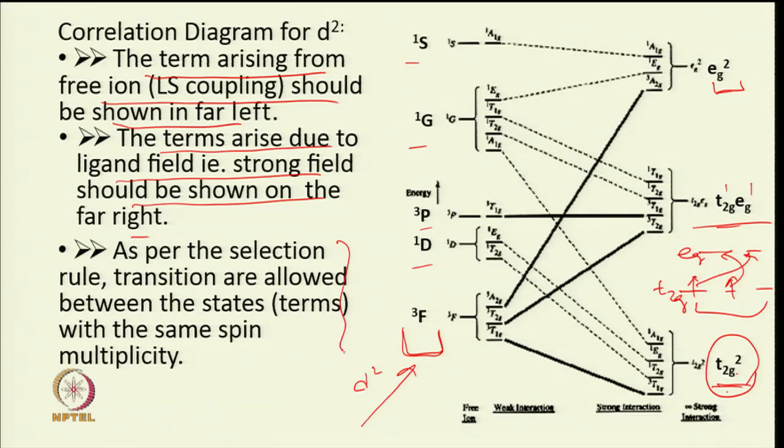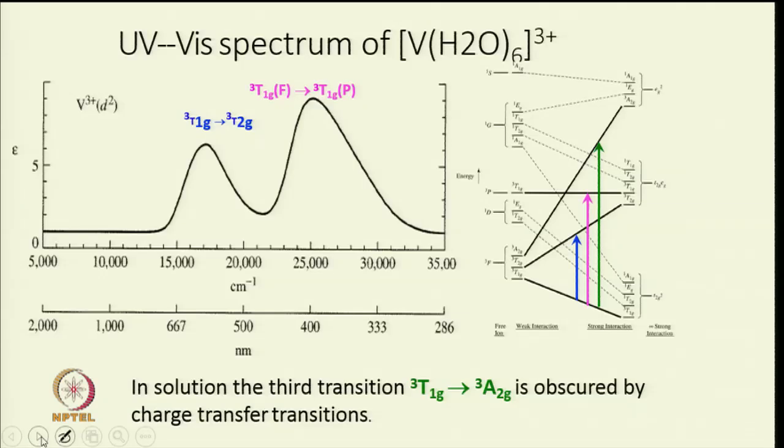The selection rule is that transitions are allowed between states or terms with the same spin multiplicity. This is your terms when it is not in an octahedral field, but these are the terms when it is in an octahedral field. Now look at this.